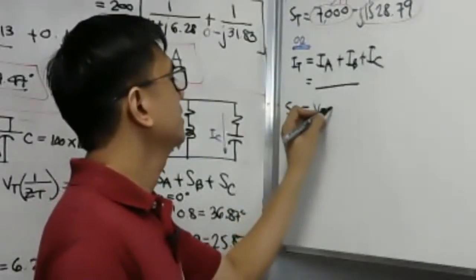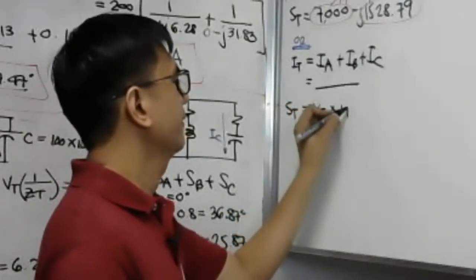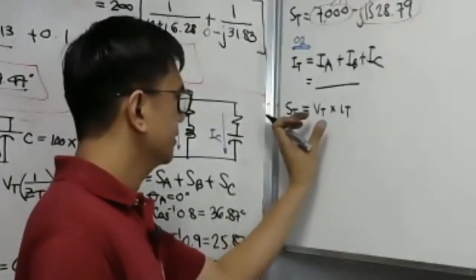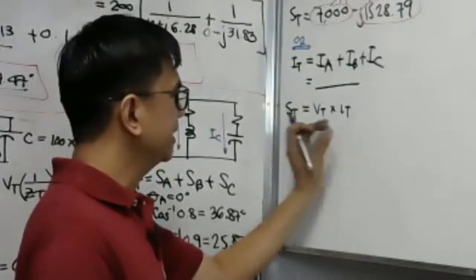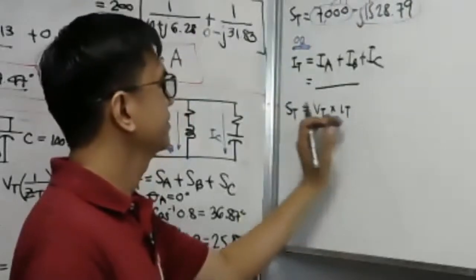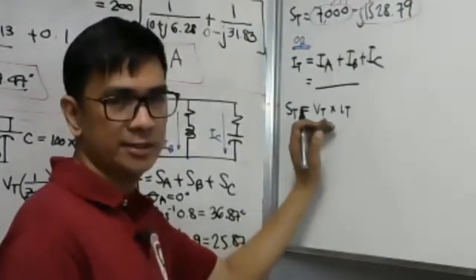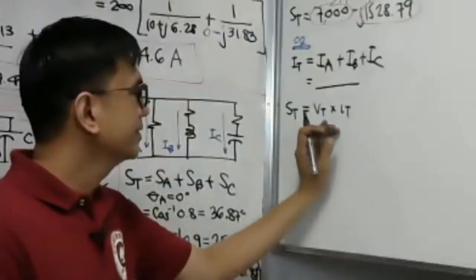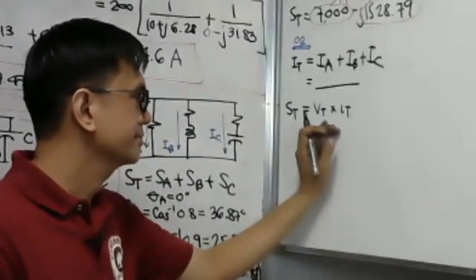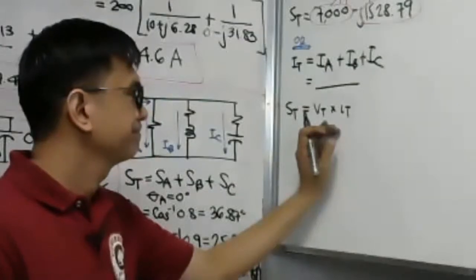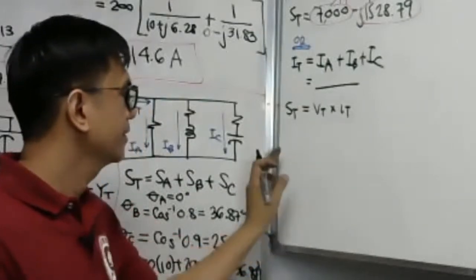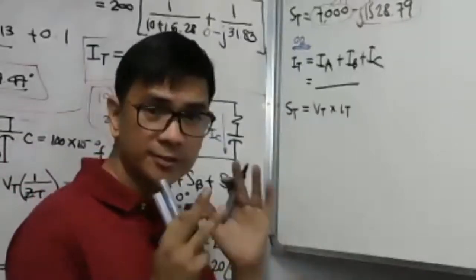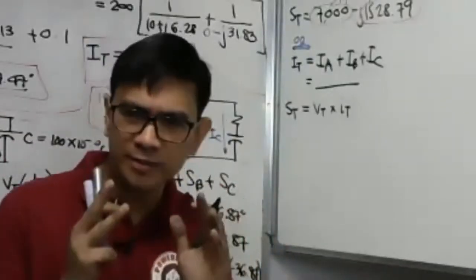If you are going to consider the angle, that is important, you have to consider the angle. Take note of this. Meron akong gustong ituro sa inyo. I want to teach you something here.